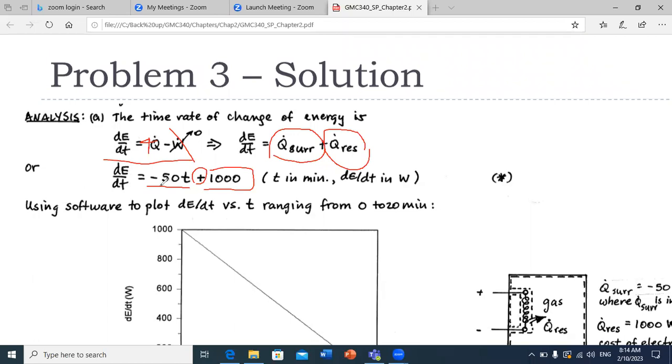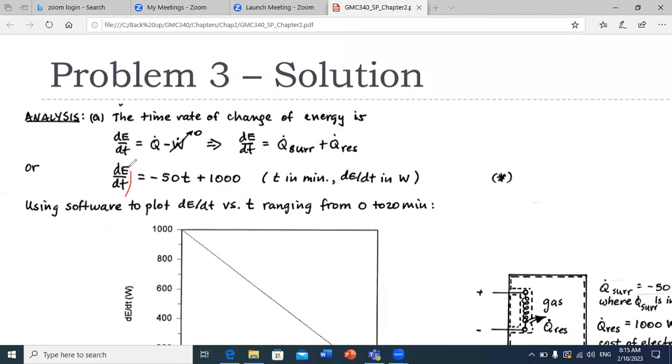And because they told us, when they gave us Q surrounding function of time, they told us that T is in minute, okay? So because T is in minute, because 50 is in watt per minute, T should be in minute, okay? Because you have the units of these equations.